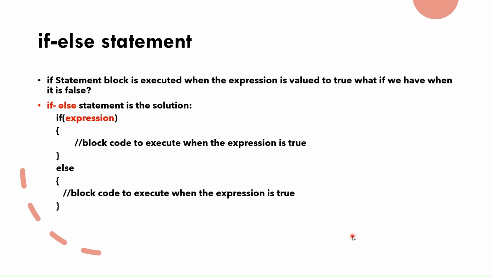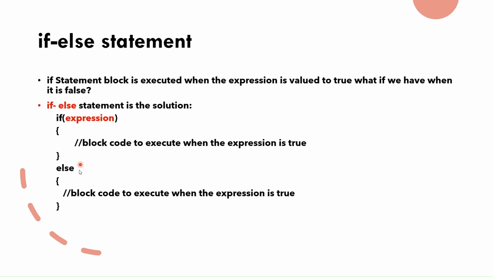If else statement. So if statement block is executed when the expression is evaluated to true. So what about when it is evaluating to false? We have a solution: if else statement. If the expression is true, then we'll be executing the first block of code.